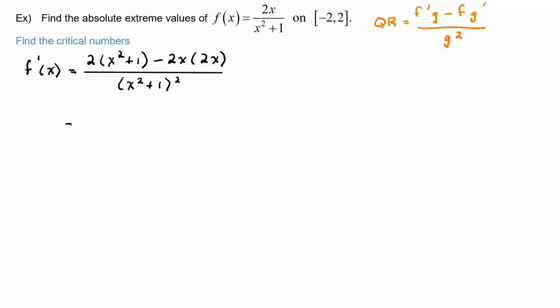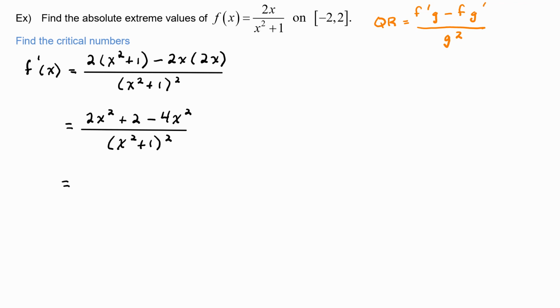Now let's simplify. In the numerator, when we distribute this 2, we would get 2x squared plus 2. Then from this second term, we would get minus 4x squared over x squared plus 1 quantity squared in the denominator.